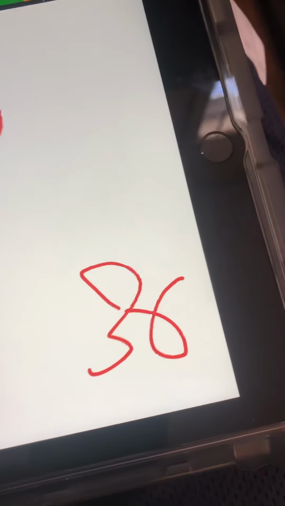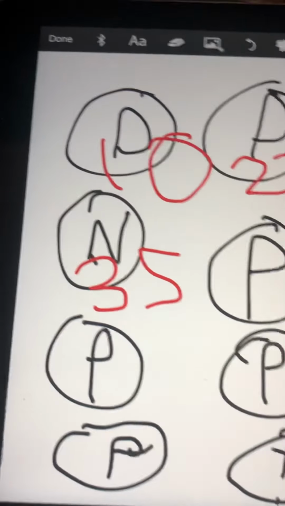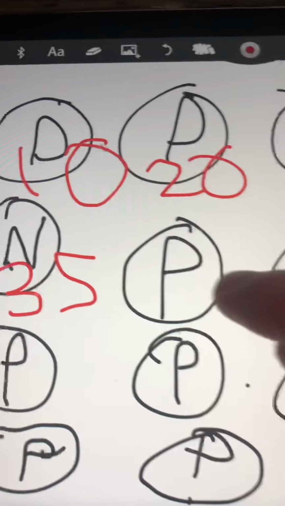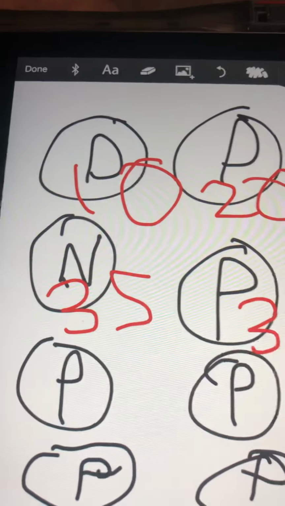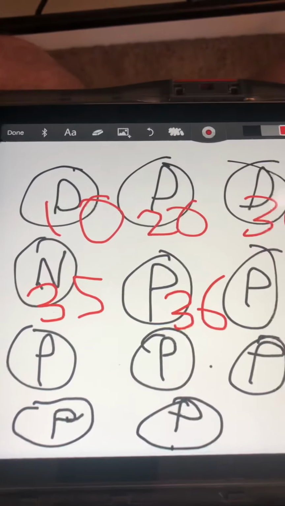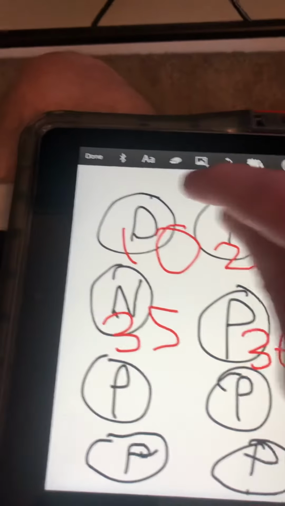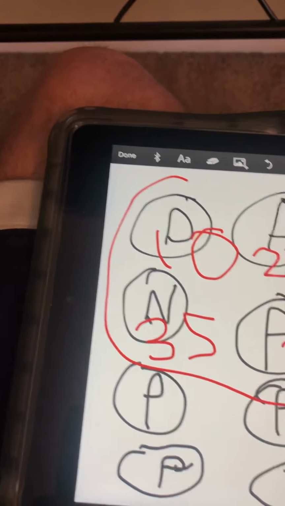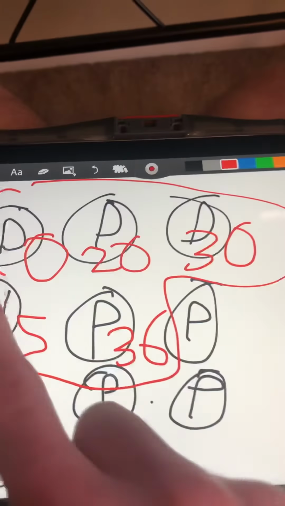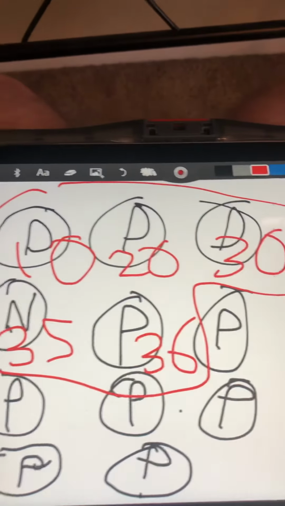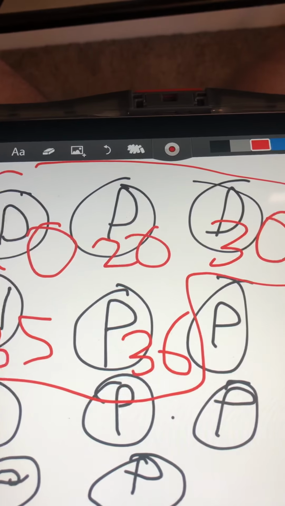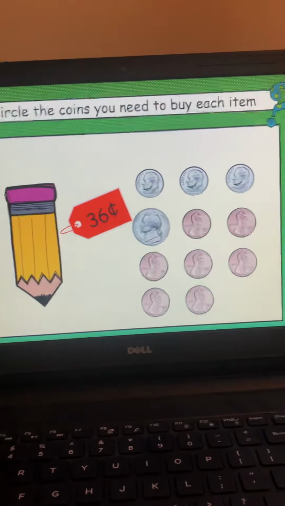Okay, we're not quite at 36 yet. So to get from 35 to 36, we need to add another penny, because a penny is worth 1. So there we go. We have 3 dimes, a nickel, and a penny. That'll get us to 36 cents. And we're going to continue the rest of this lesson in the next video.